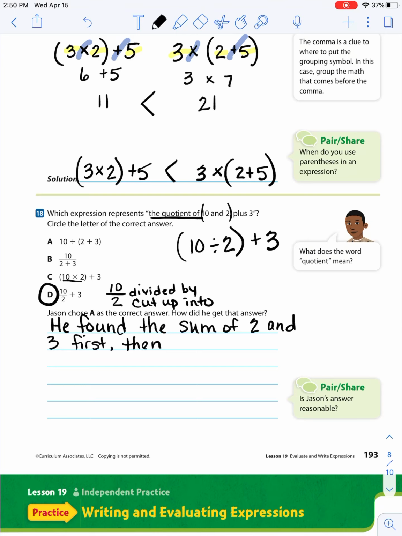Then he would have divided. He did not group the correct numbers.